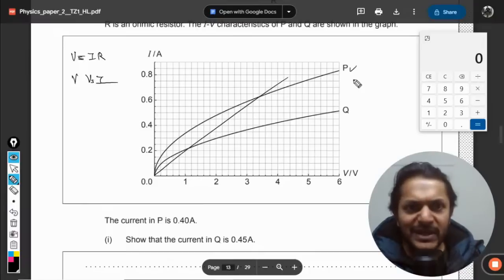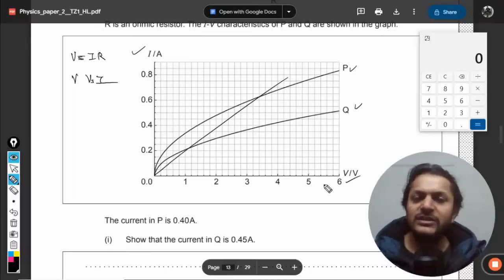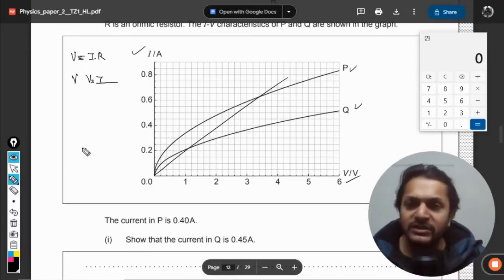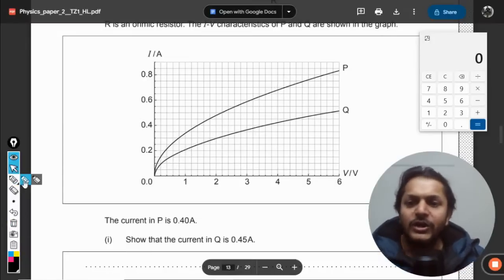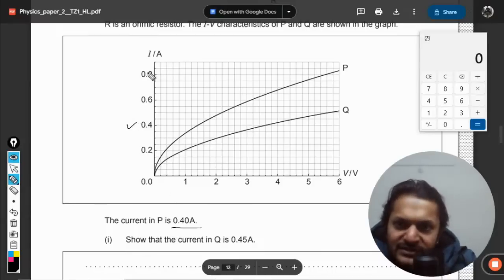So definitely the P and Q graphs are coming out to be curvilinear graphs between I and V. So that is not good. So these are non-ohmic resistances. Now the current in P is shown as 0.4 ampere. So the voltage across P, according to this graph, should be this.